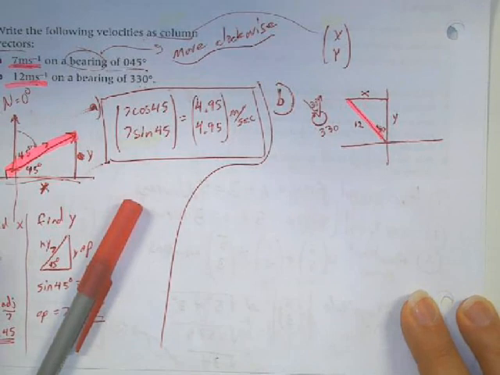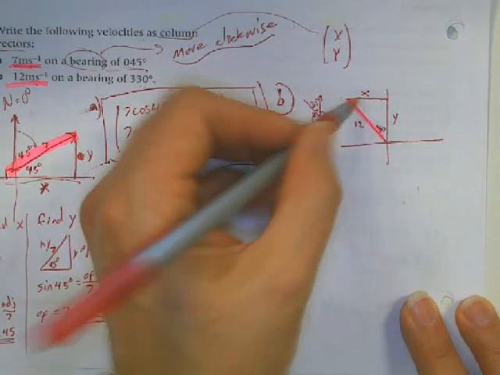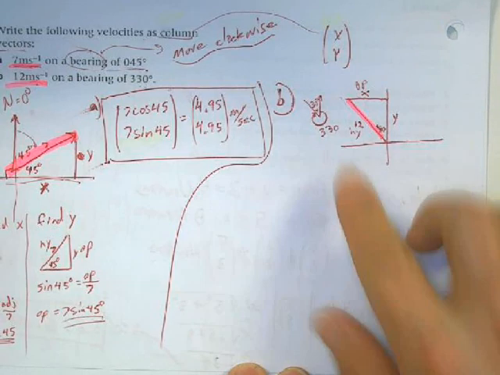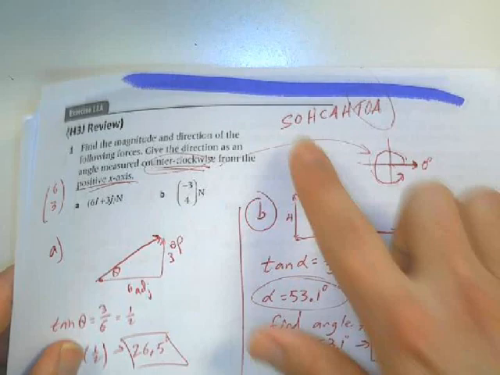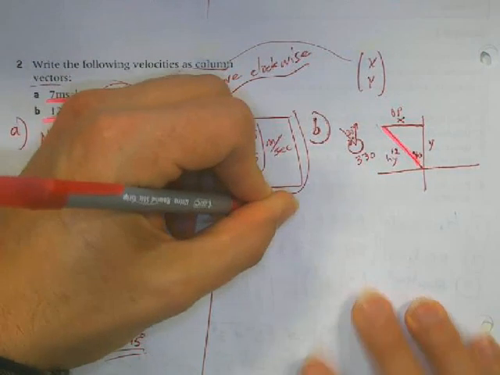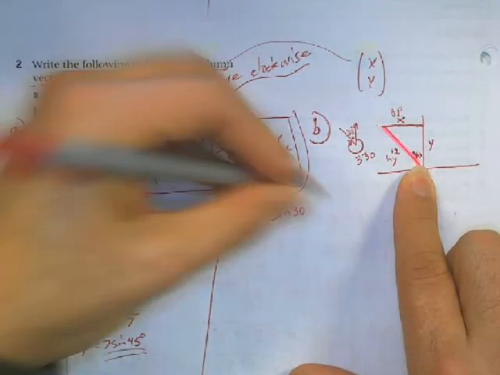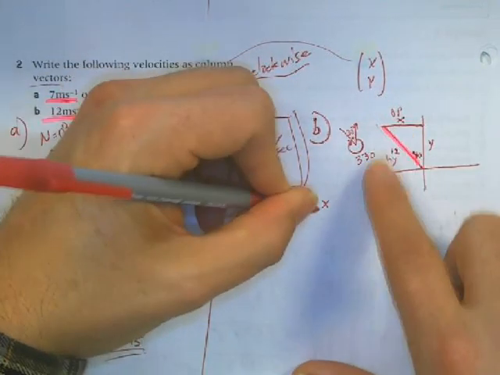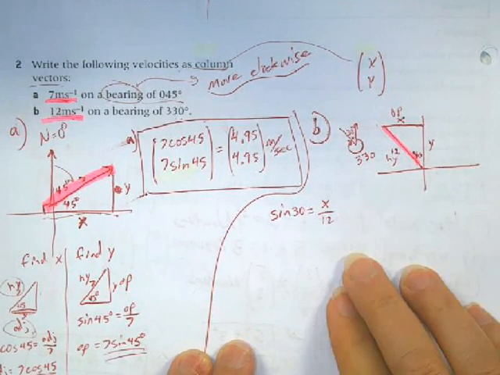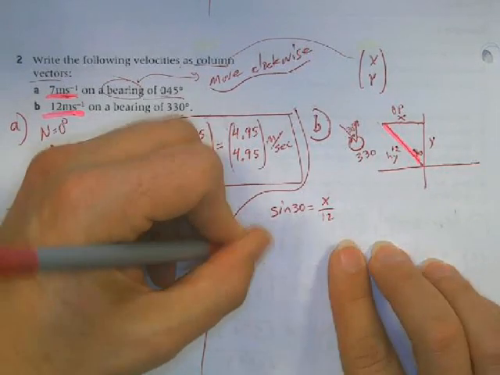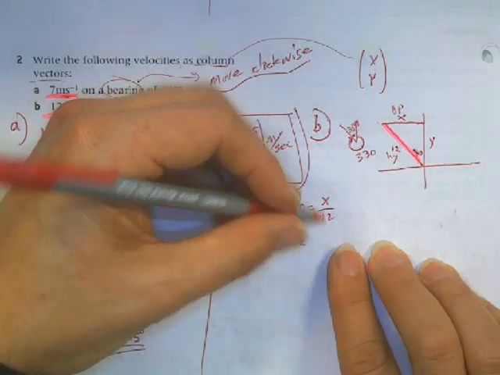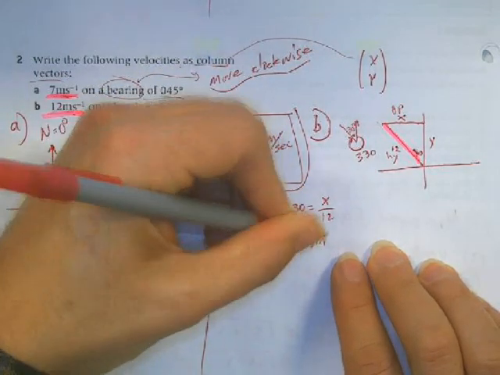To find the x value, I'm dealing with opposite and hypotenuse, so I'm going to use sine. I can say sine of 30 degrees equals opposite over hypotenuse. Now we're solving for x. If I cross multiply, I get x equals 12 sine 30.